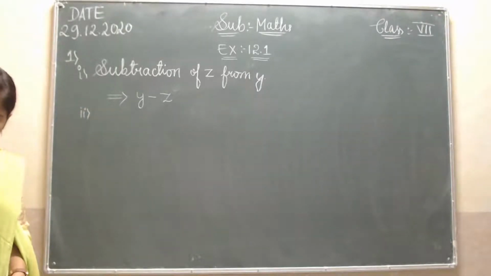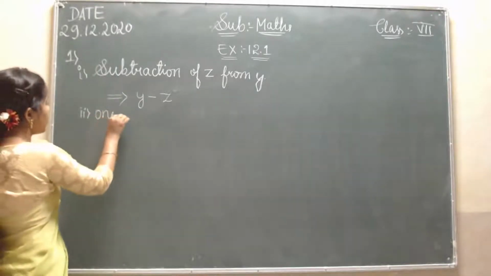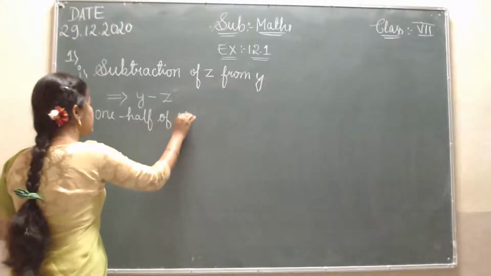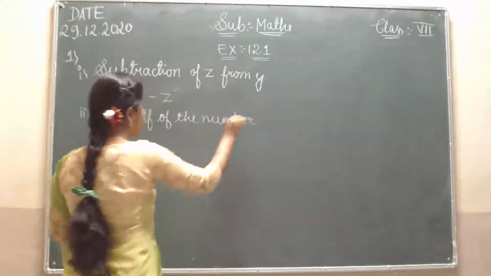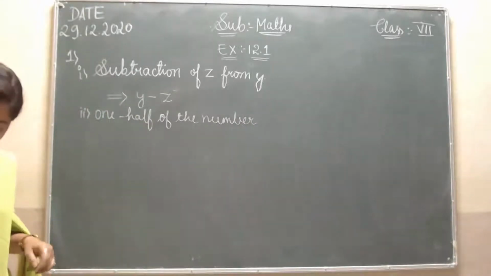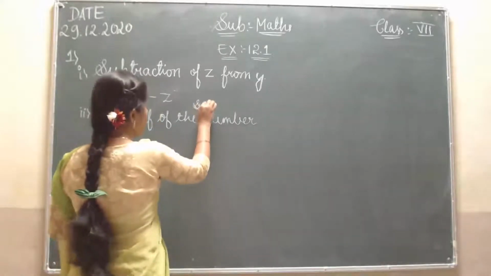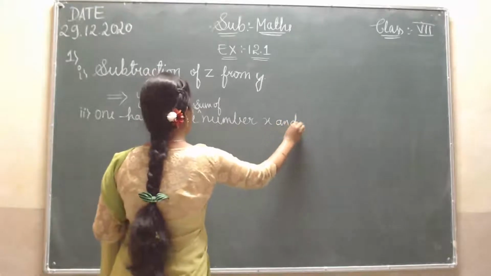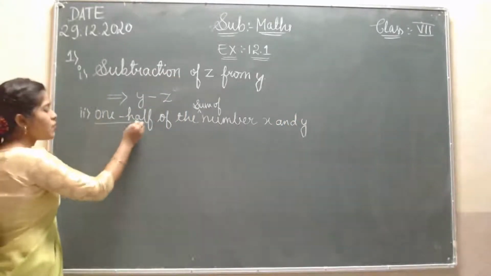The second one: one half of the sum of numbers x and y. Here we know that one half means 1 by 2.